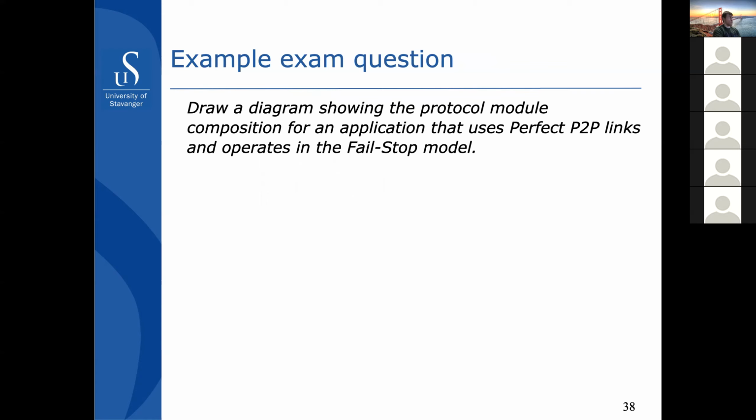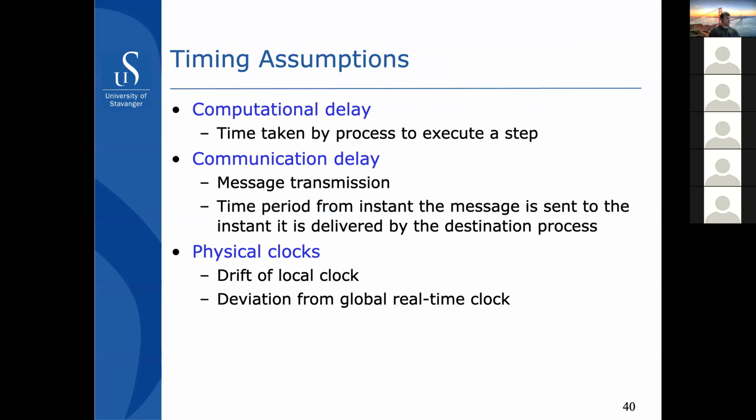The question states: draw a diagram showing the protocol module composition for an application that uses perfect P2P links and operates in the fail-stop model. So if we take just 2 minutes and try to answer this question, just think about this, and we will continue in 2 minutes.